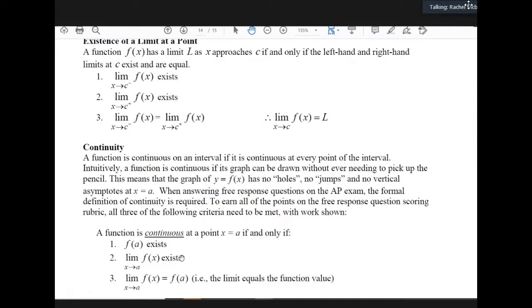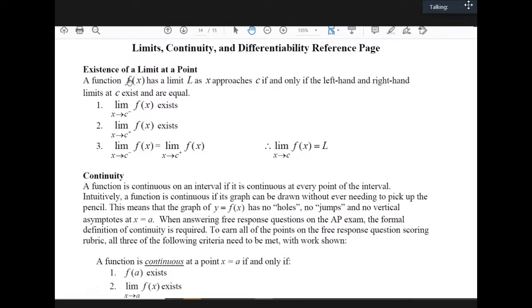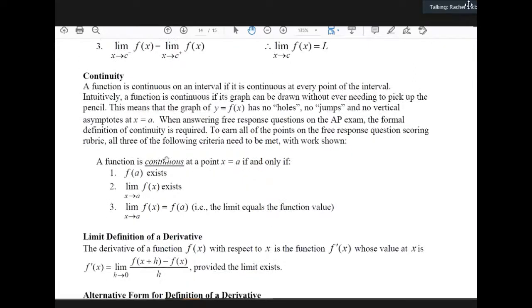If you are asked to use the definition of continuity to either prove why or why not, you have to use one of these three statements. Say function f of x has a limit. The limit only exists if the left-hand limit equals the right-hand limit. It is only continuous if there are no holes, jumps, or vertical asymptotes.